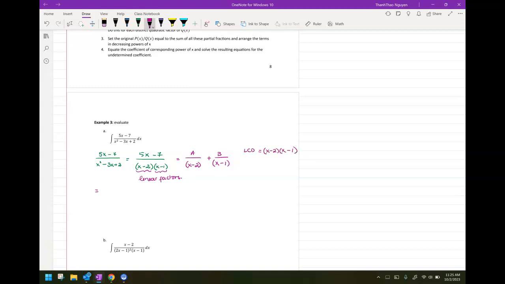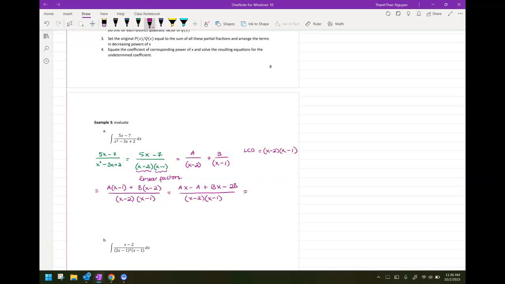So then I have a times x minus 1 plus b times x minus 2, divided by x minus 2 times x minus 1. Let's multiply out the numerator and combine like terms: ax minus a plus bx minus 2b divided by the denominator.